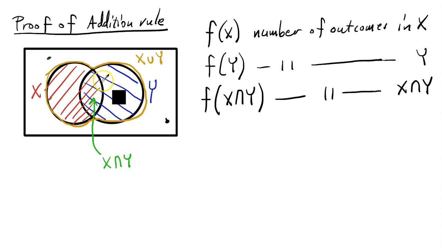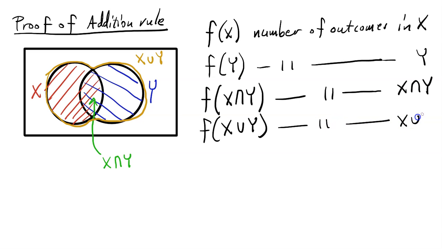But here, in the overlap, the intersection, this is how many times we ended up there. And this is, per definition, how many times we ended up in the union, anywhere on this colored part. If we didn't end up there, we must end up outside it. Okay, so these are just the definitions, what is f of x, f of y, and what all those mean.